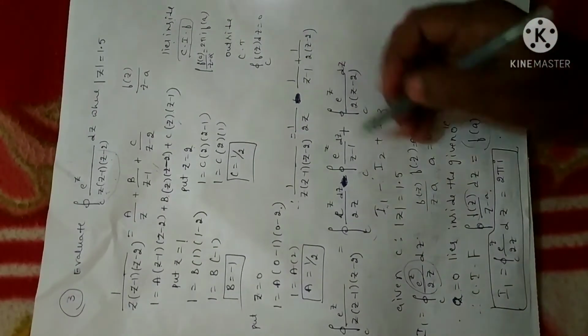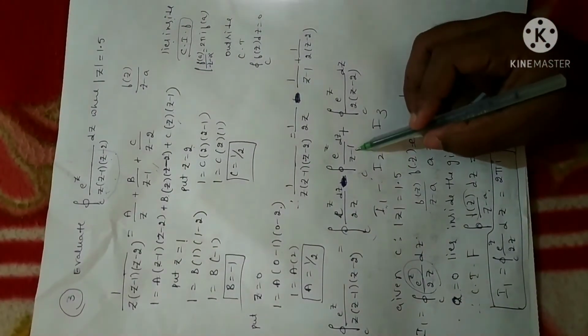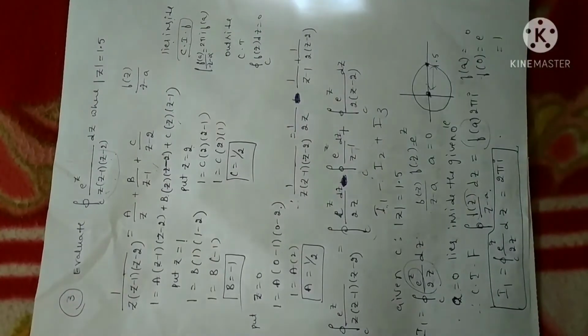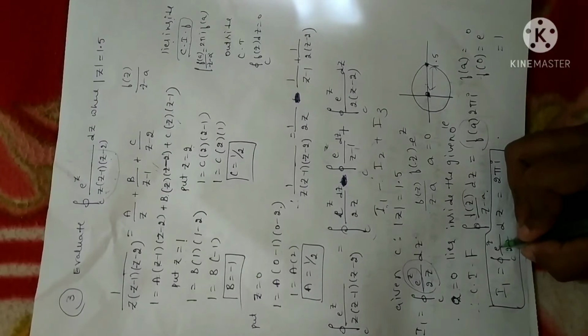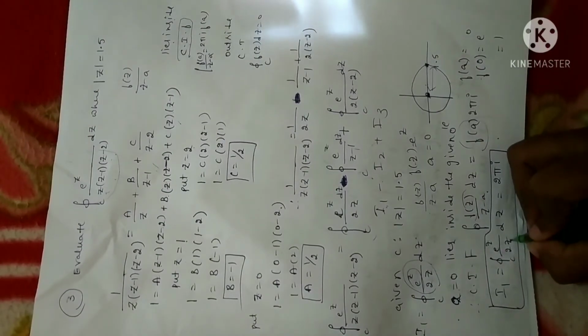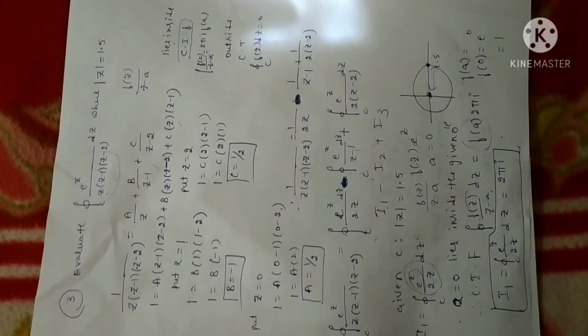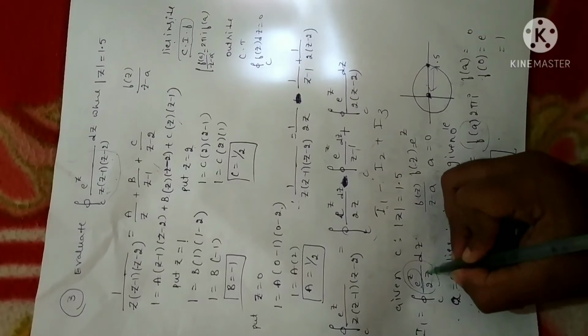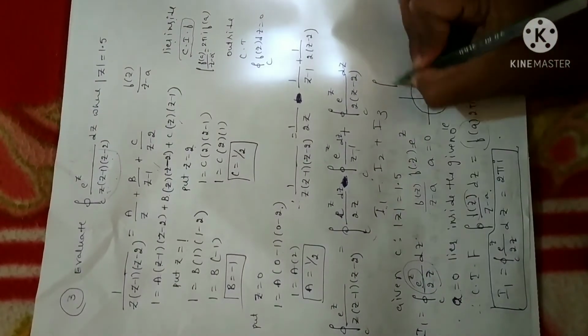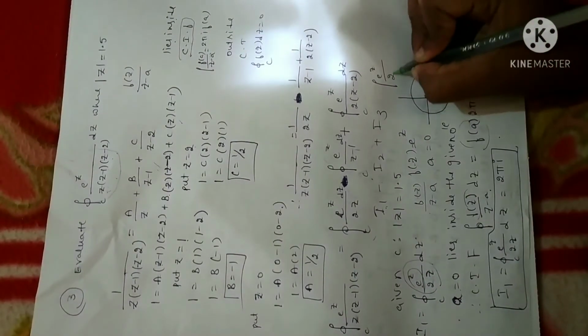Clear? So again we have to do the same for the second one. And one more thing is that here I have e power z divided by 2z. Am I correct? You can note that in place of f of z here, let me write here. So here I1 is e power z divided by 2z.